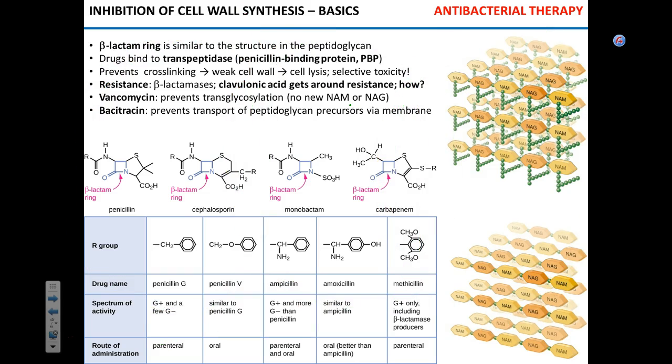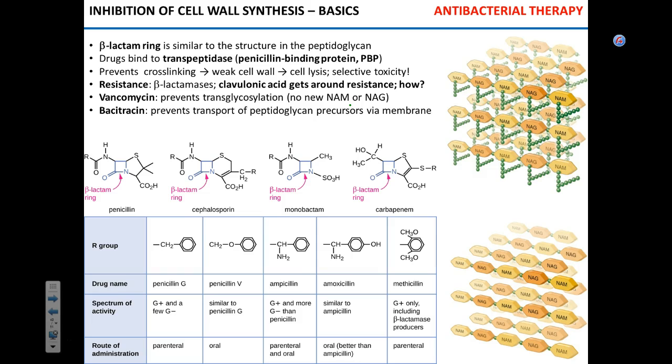Anyway, let's talk about each individual class. First and foremost, it's the inhibition of cell wall. Almost all bacteria, except for a few, things like mycoplasma and ureaplasma, all other microbes have cell wall. Correct? So how do bacterial cells divide?